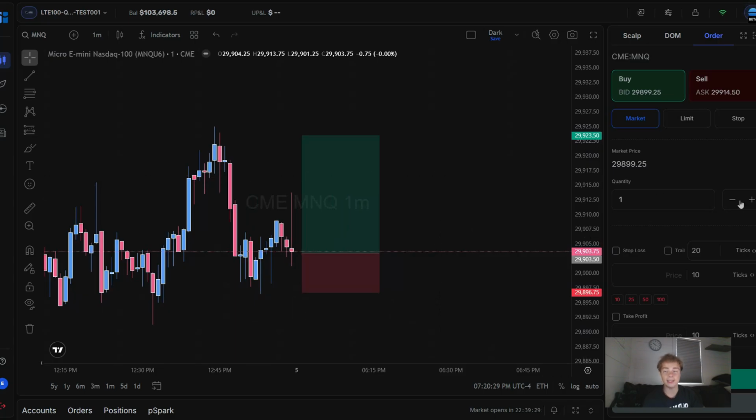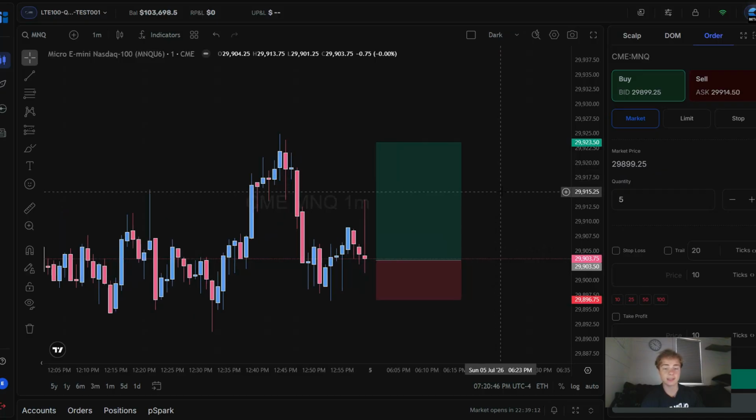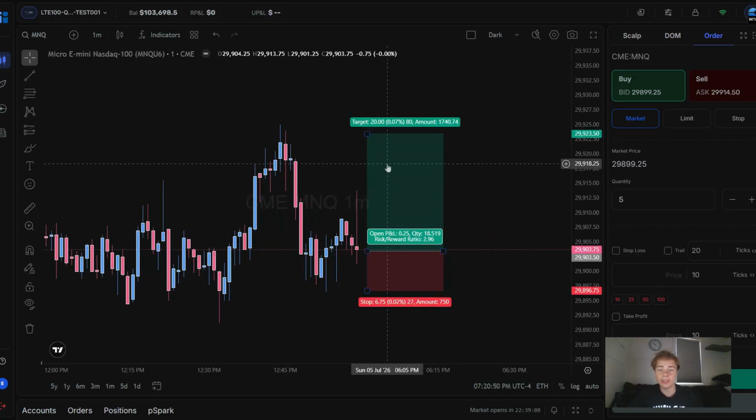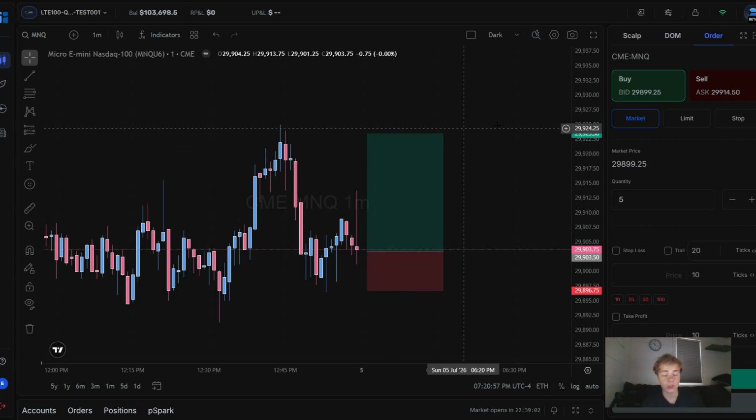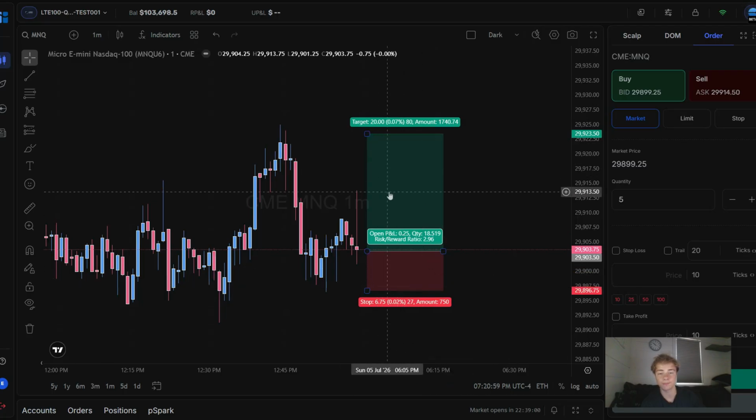So basically, MNQ is a lot safer than NQ because it's lower leverage, but you can also increase to more than one contract. So say I want to take a trade with 5 contracts, 5 MNQs, then that is half of one NQ still. So then that 20-point win would be worth $200 rather than $400, which also means that the risk was half.